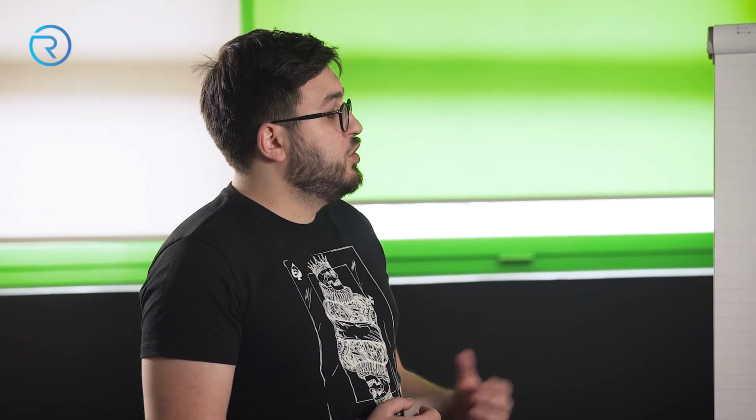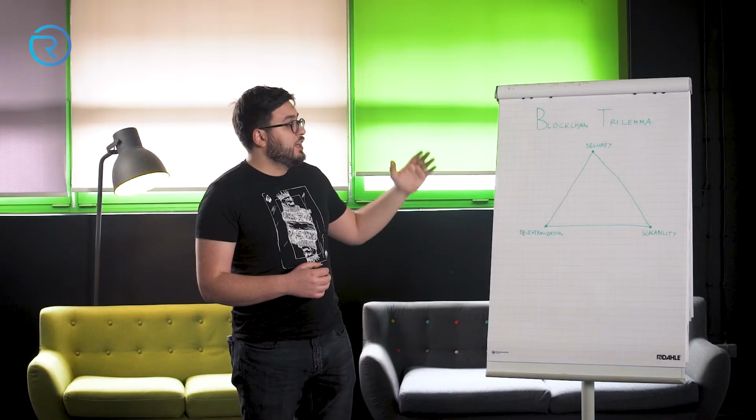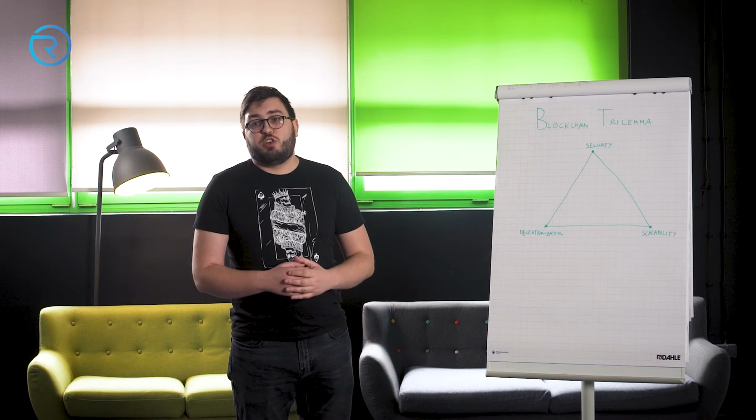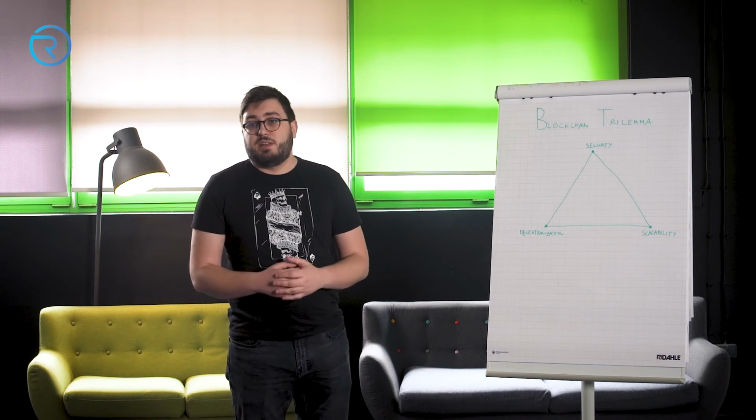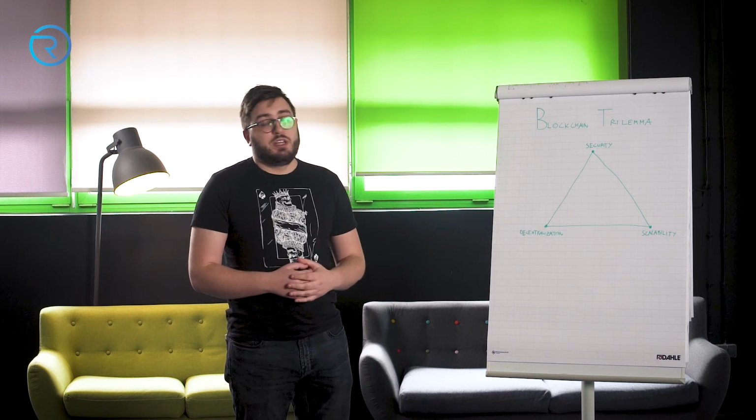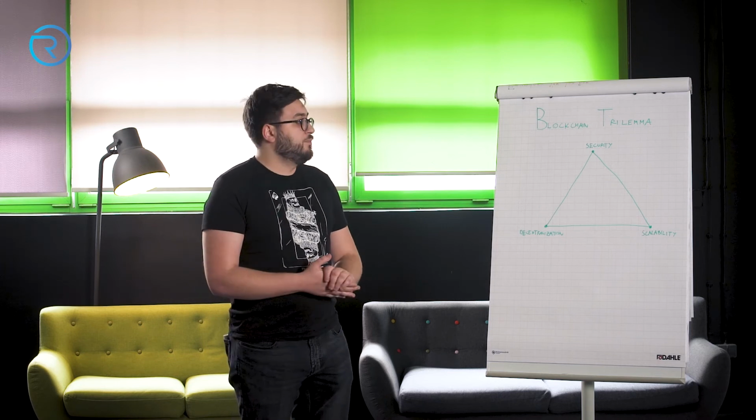Also the Hydra upgrade, and I think that you will never achieve complete scalability, because you will probably have to sacrifice portions of these, but you can have a really secure and decentralized blockchain with a decent amount of scalability, especially if you bring in layer 2 and so on.